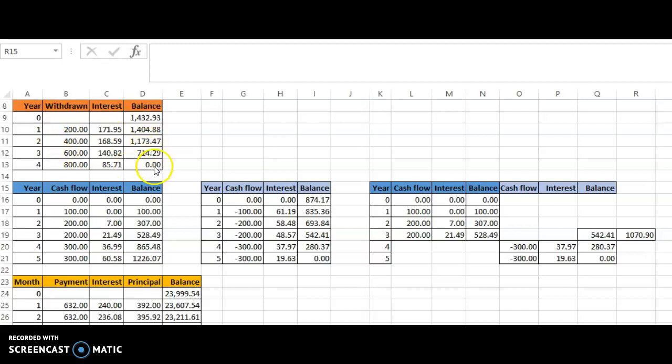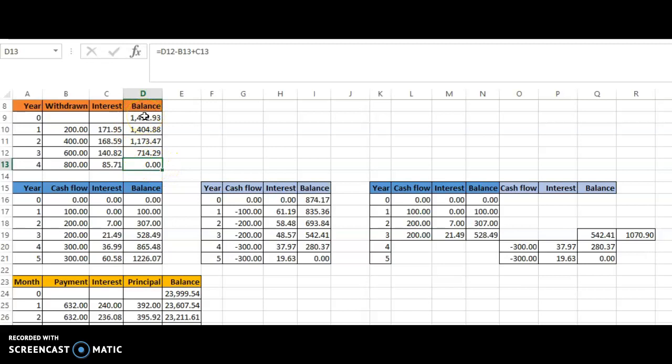So if this is indeed 0 at the end, then the 200 that you withdraw in the first year, 400 in the second year, 600 in the third year, and 800 in the fourth year must be equal to the balance that you have now in the account. Okay, that is why at the end of the 4-year term, the balance becomes 0.